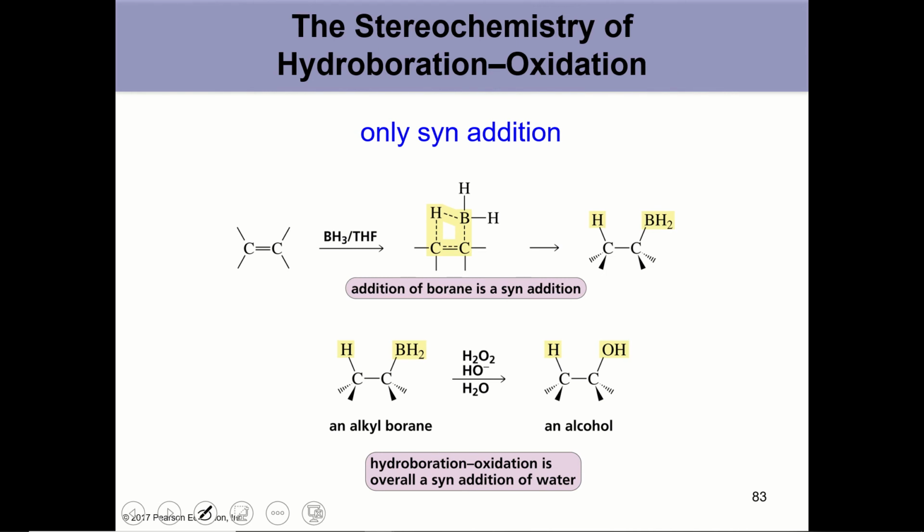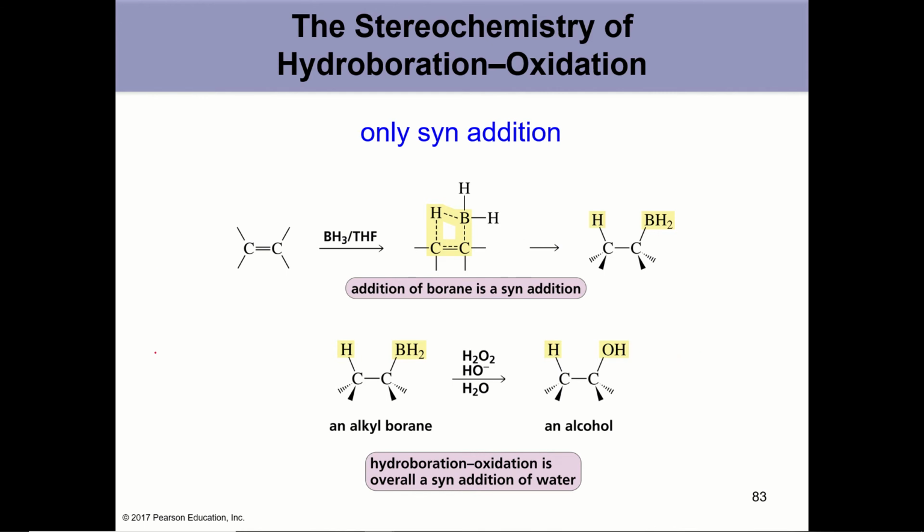All right, looking at stereochemistry of the hydroboration-oxidation reaction. I mentioned previously that the boron and the hydrogen add at the same time. So we're forming two new bonds at the same time, and that means it can only occur by SYN addition. Anytime you form two bonds simultaneously on a molecule, and both of the atoms being added come from one molecule, then it only occurs by SYN addition.